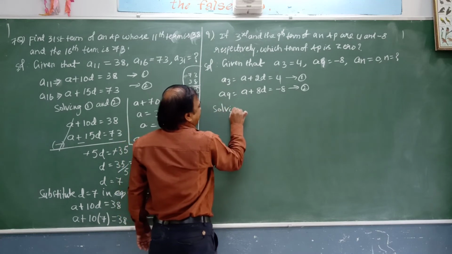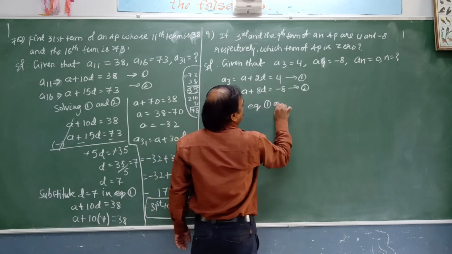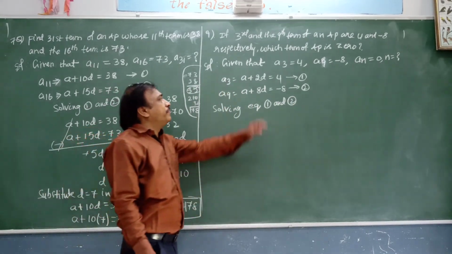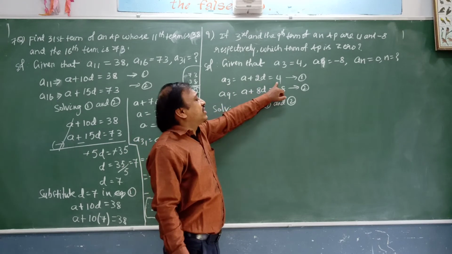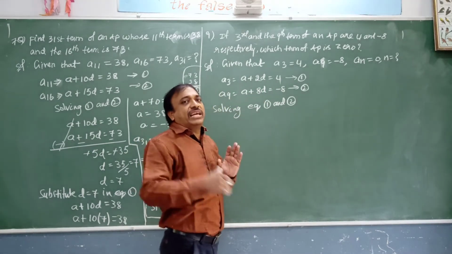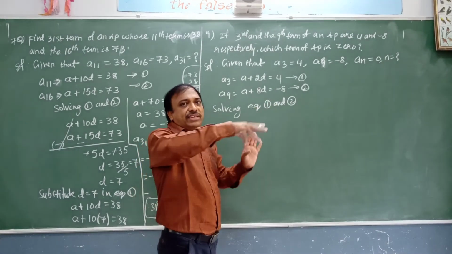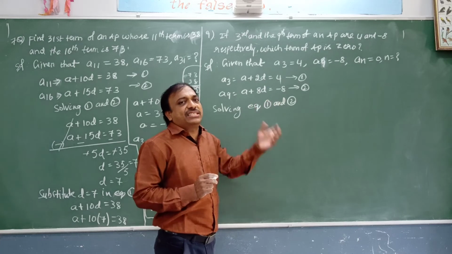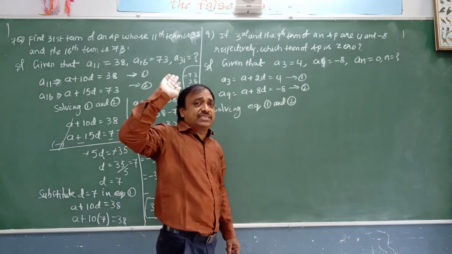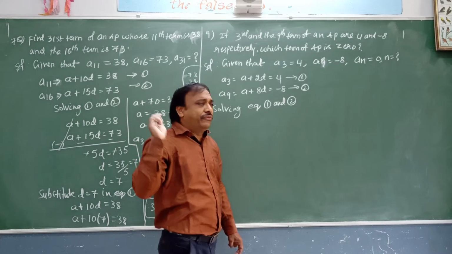We solve these two equations, 1 and 2, by the elimination method. Elimination is nothing but removing one of the variables. One variable will be left over, so with that we get the value, then substitution. We will discuss that in the chapter on pair of linear equations in two variables.